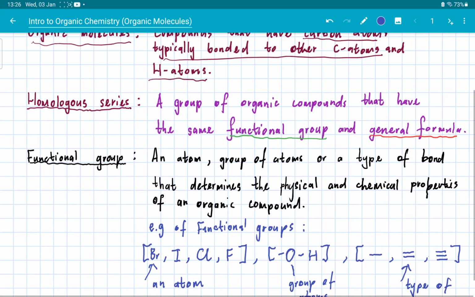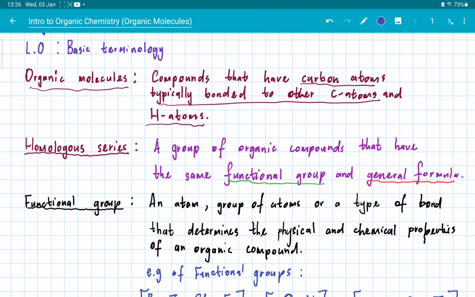So what we have here, we have the organic molecules, and the organic molecules in the same class group, we call them homologous series. They will have the same functional group and the same general formula. What is a functional group?